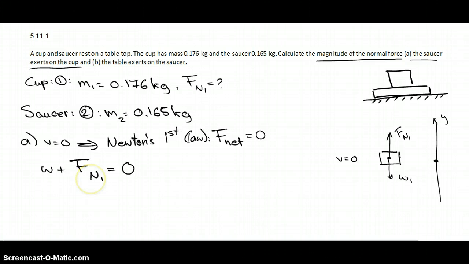So, from this equation, I can find the normal force, but I have one problem. I don't have the weight. Well, I can easily find it because I know that the weight is equal to the mass multiplied by gravity. And I do have the mass, so I substitute and I find the weight.